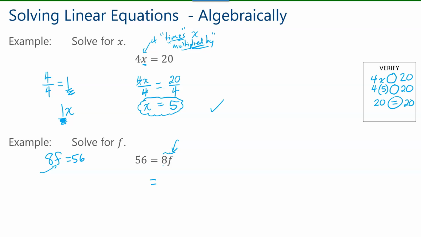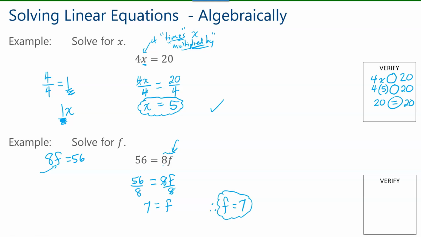So we're going to divide the right-hand side by 8, which means I have to divide the left-hand side by 8. 8 divided by 8, anything divided by itself gives us 1. So I just have 1f, and 56 divided by 8 is 7. So therefore, f equals 7.